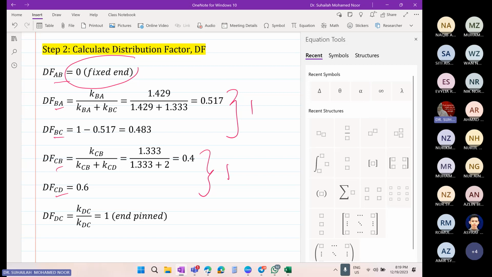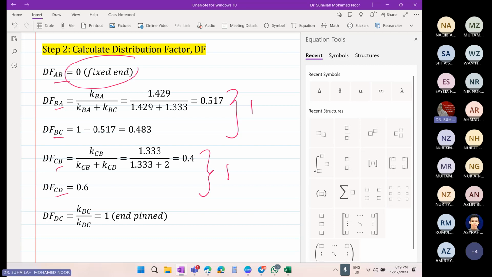Normally when we analyze one beam, that does not represent the real structure. The real structure may extend beyond A, so it is infinity. Cantilever end is the end of structure. Roller is the end of structure. Pin is the end of structure. Fixed is not the end of structure.